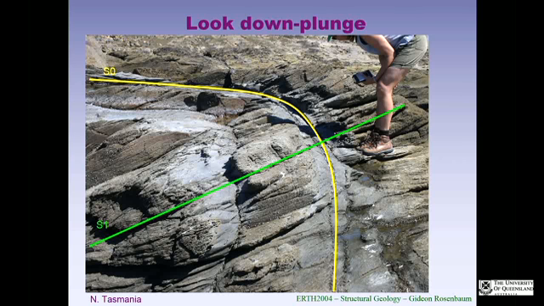Now, in general, when we do this kind of field geometrical analysis, what we always try to do is to look down plunge and not up plunge. And the reason for that, we'll start basically defining vergence and saying the asymmetry is towards the west or to the east. And surely if you do it from the opposite direction, you'll get a mirror image. So consistently, we always say, when we look down plunge, that is the sense of symmetry that we recognize.